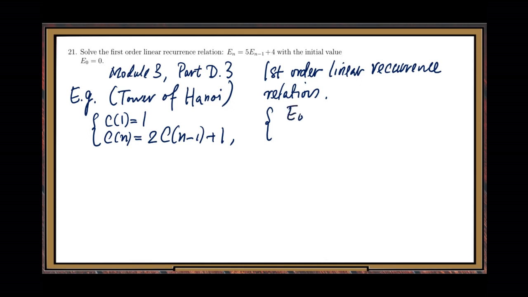E sub 0 equals 0, E sub n equals 5 times E sub n minus 1 plus 4. Structure very close.